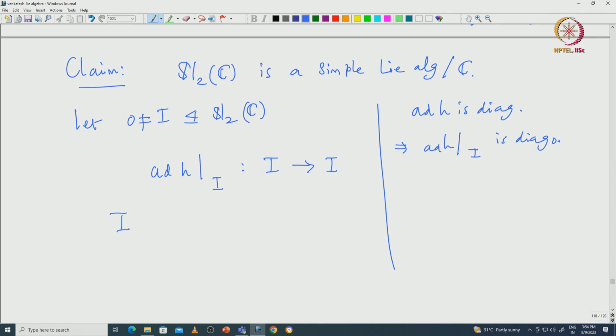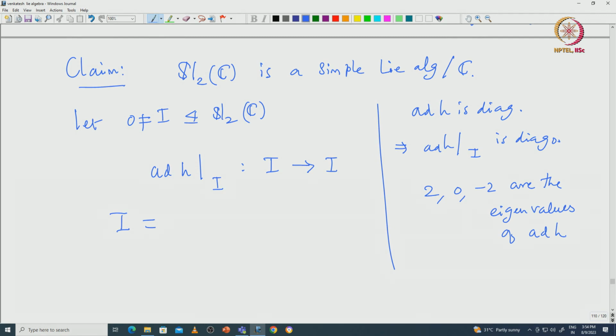In particular, I can write I as a direct sum of eigenspaces for this ad h, but 2, 0 and minus 2 are all the eigenvalues of ad h.